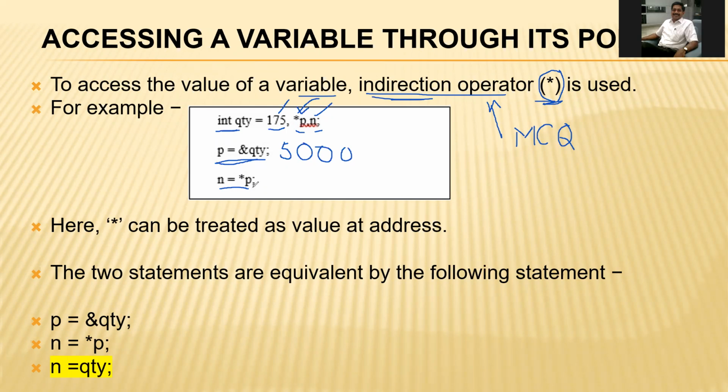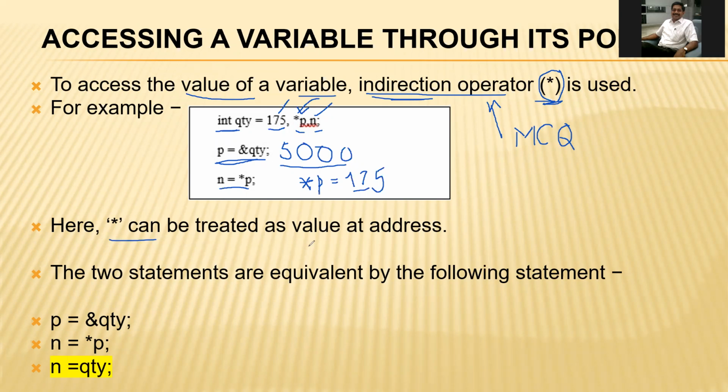What is n is equal to star p? Star p gives the value of the variable. What will it hold? Star p is equal to 175. Star p has the value 175, and p has the value 5,000.